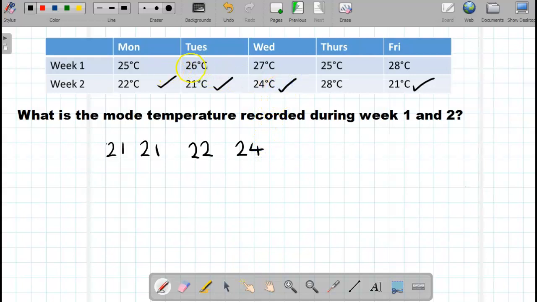Okay, 25. 1, 2 25s. Take them off. 1 and 2. And then we go on to 26. There's 1 occurrence of 26. 1 occurrence of 27. And 2 occurrences of 28.